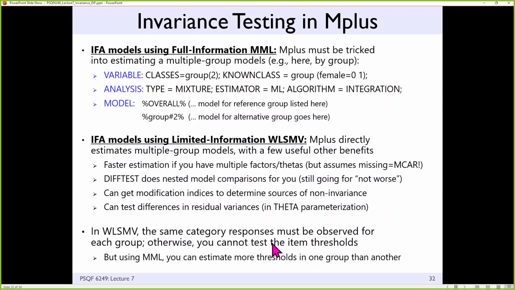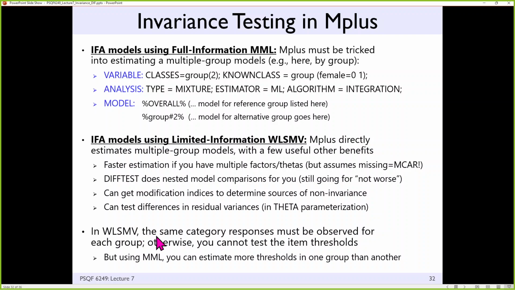However, big caveat, if you have different response categories used across groups, you have to make them the same. So if you have a 4-point scale and one group used option 4 and the other group didn't, you've got to force all those 4s to become 3s in the group that used them. They all have to match. That is true in WLSMV. There is no way around it.